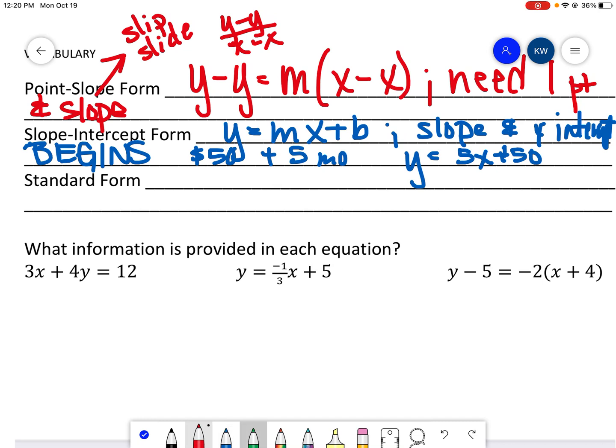Standard form is capital A x plus capital B y equals capital C. The reason those are capitals is because they are values. What this does is it gives you the x and the y intercept.